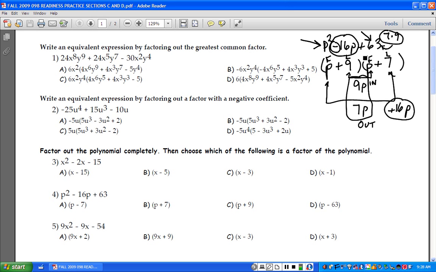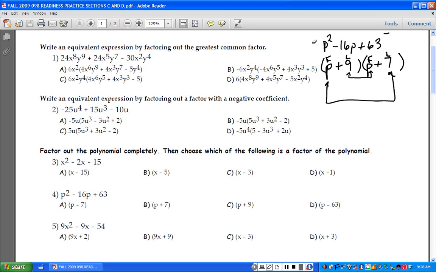Let's try something here. We had the positive 16 when we did our outside and inside combination, and we said we needed a negative 16.